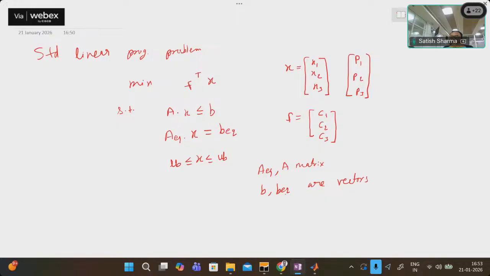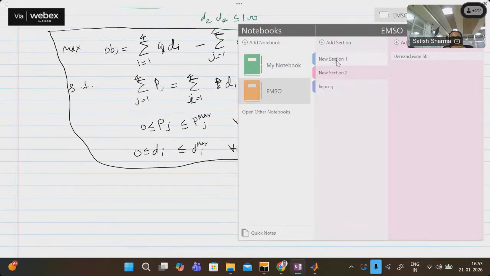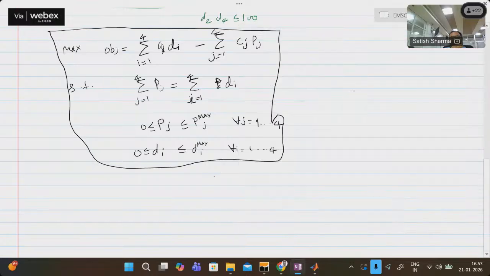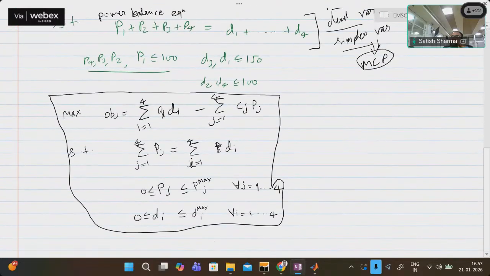We had a problem earlier, market clearing one, and we discussed it. This was the problem we discussed yesterday. If I want to solve it with linprog, then instead of maximization I have to make it minimization, so the minimization of the summation over ci. I have to define certain variables first.